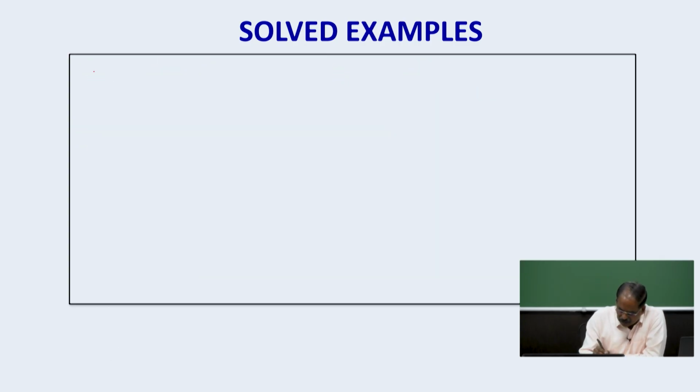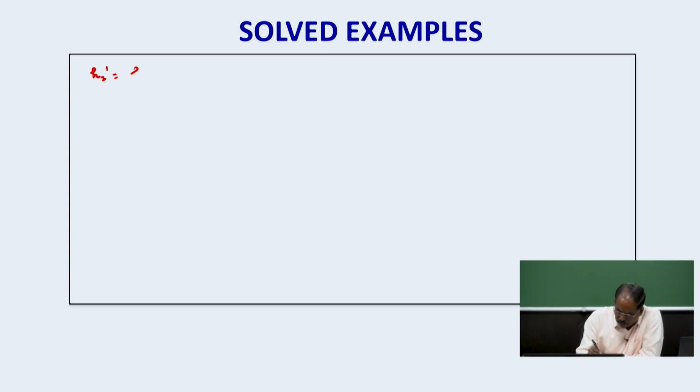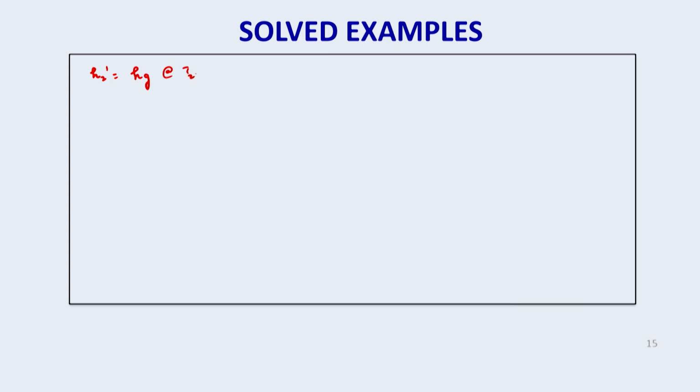Let us move to the next slide. H2 dash is similar to finding S2 dash. S2 dash is the vapor entropy corresponding to 32 degrees centigrade. Similarly, H2 dash is equal to the vapor enthalpy at T2 dash, which is 32 degrees centigrade, from the R134A table.